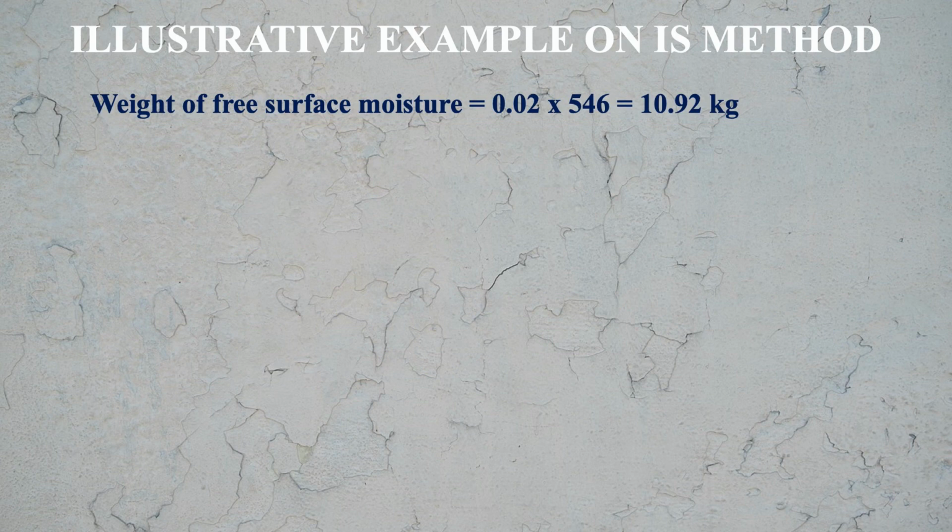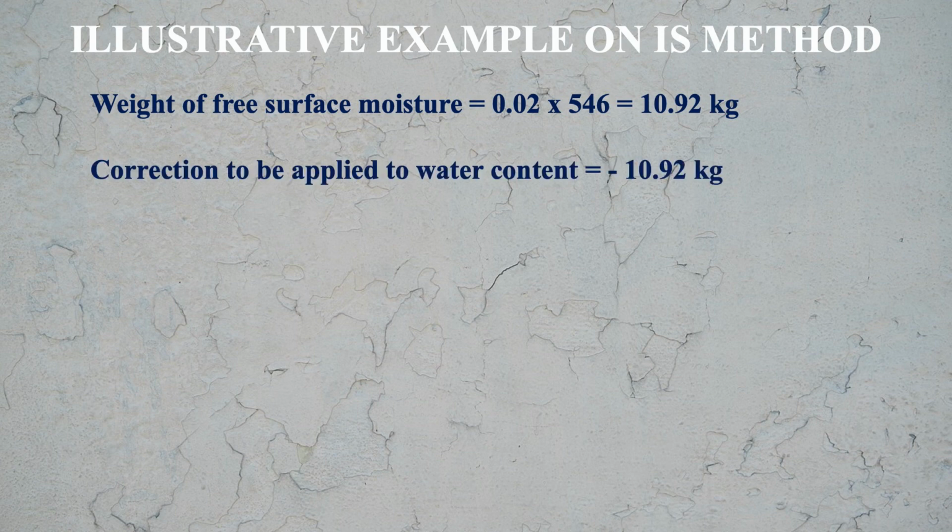So, the weight of free surface moisture, as you know, 2% is there. So, 2% of 546 means 0.02 into 546, that is 10.92 kg. This is the weight of the free moisture. Then correction to be applied to the water content, because this additional water will add to the water to be added in the concrete, has to be reduced, because it is coming from the fine aggregate.